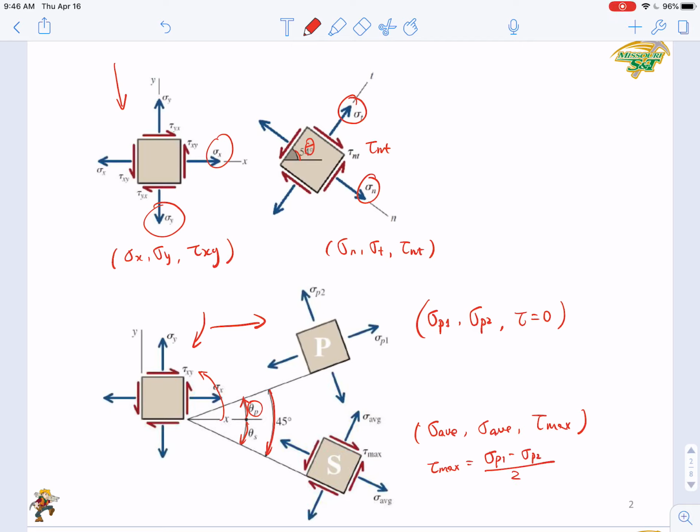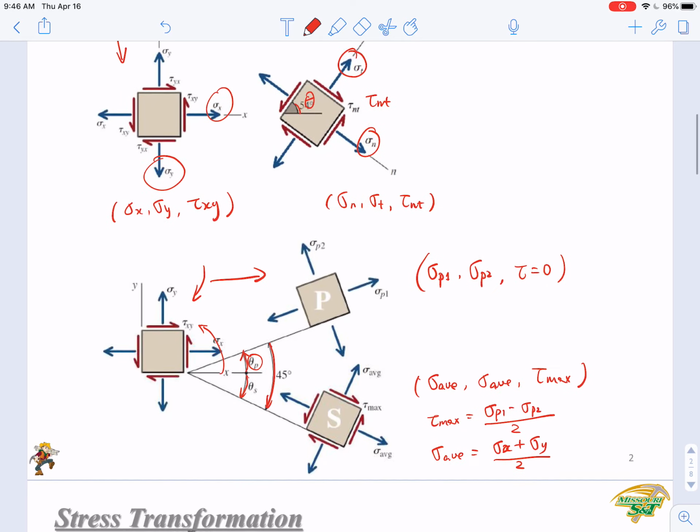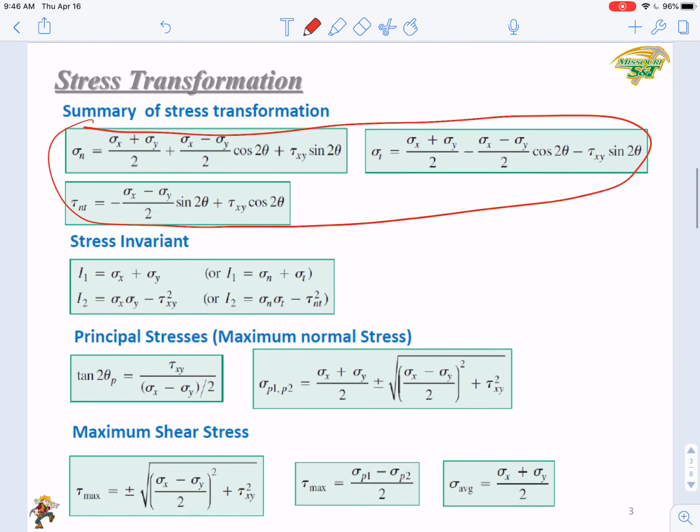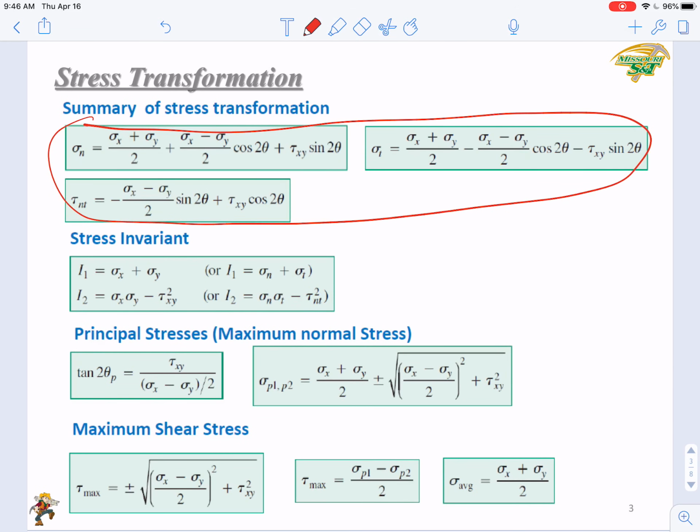Right, so the sigma average equals the average value of the sigma x and sigma y in the initial state. Right? Those are what we derived last time. And you can see the characteristics here in these equations, and these two constants. Okay, those are all important features that you can use to simplify your calculations.